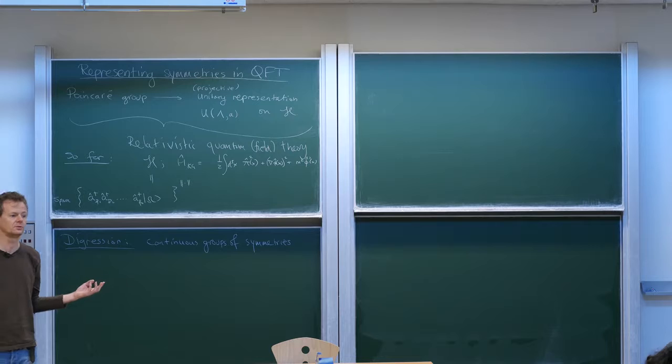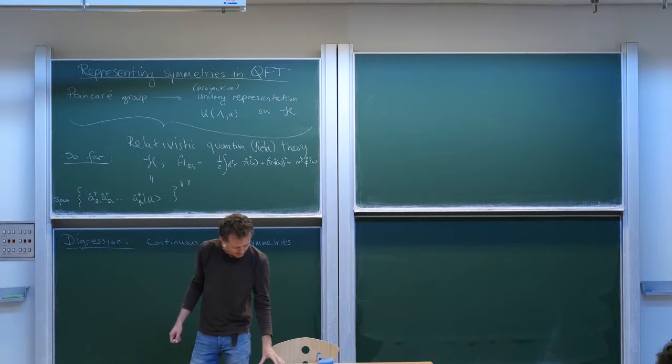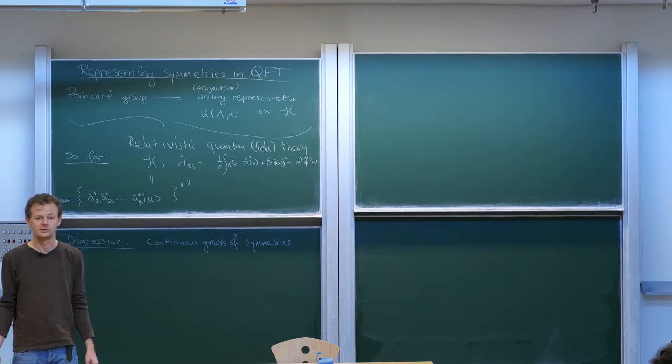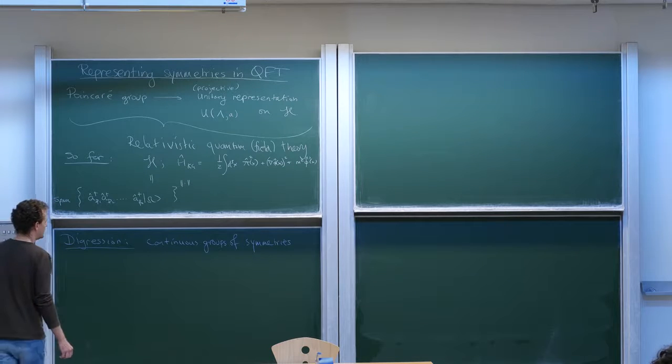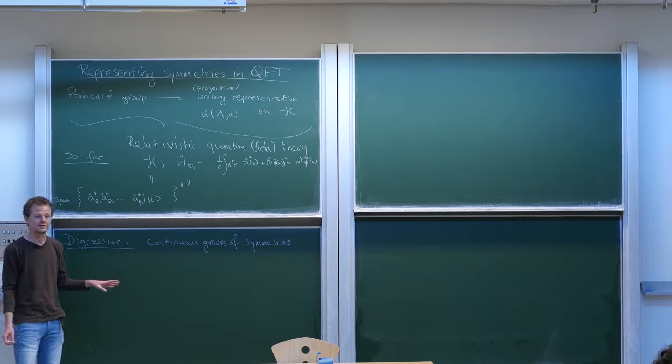It's also a continuous group, meaning that it depends continuously on some number of parameters. It's a manifold. And there's a very beautiful theory of continuous groups of symmetries, which I sadly won't have time in this course to do justice to. So all the beautiful rigorous maths I will have to throw out the window, and I'll just leave you with a kind of physicist highlights of this theory.